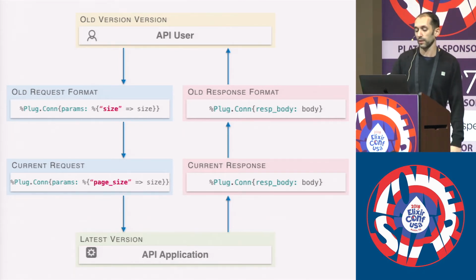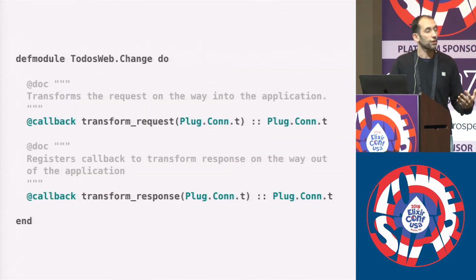We're going to have a lot of plugs, so we can improve that. We can create a behavior to model a change. It's a simple behavior. It just has a transform request and a transform response. Two functions. They both take in a connection, and they both return a connection. One transforms the request on the way in, and one transforms the response on the way out.